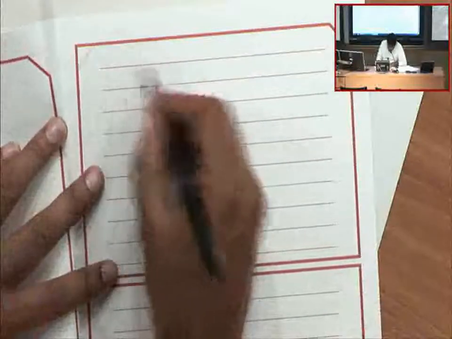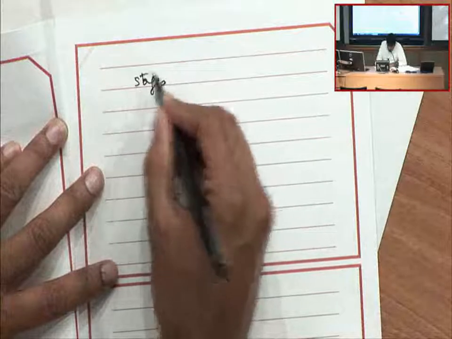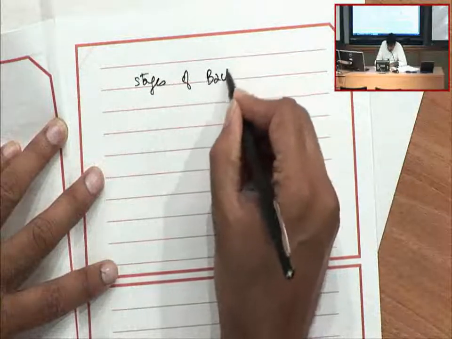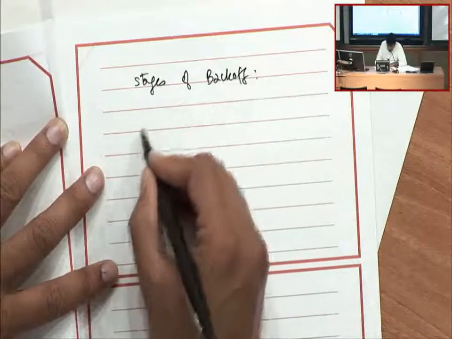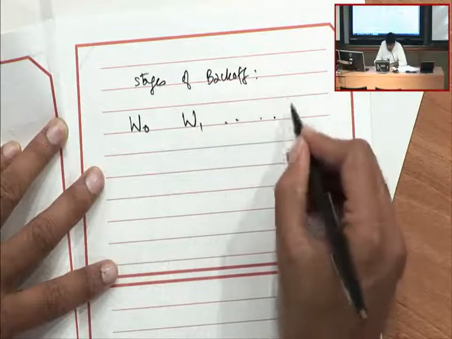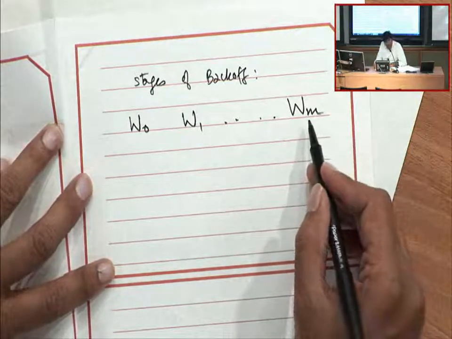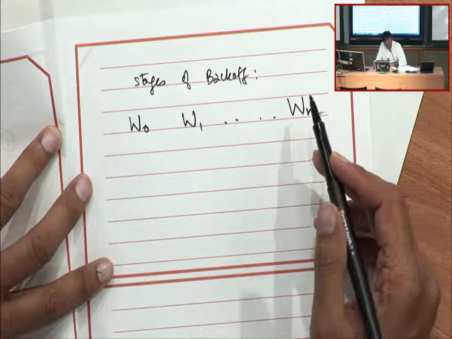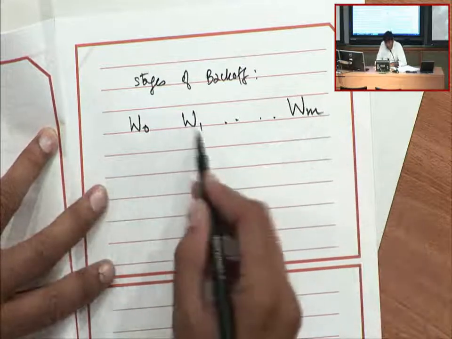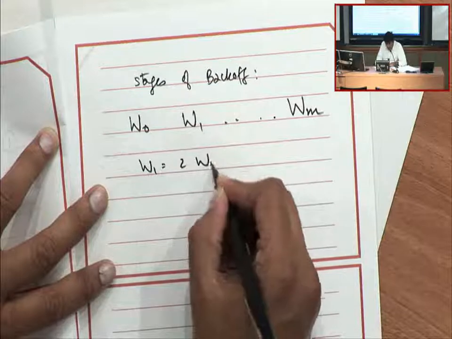So in this type of 802.11, essentially you can think of having different stages. Right? So you start with stage W0, then you go to stage W1, all the way up to some WM. And if you're at this stage and you're still seeing a collision, you don't increase it anymore. You keep it there. But every stage is twice as large as the previous stage. So W1 is 2 times W0.